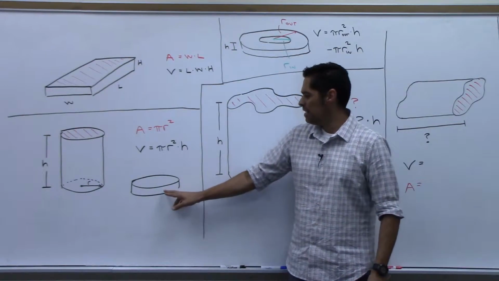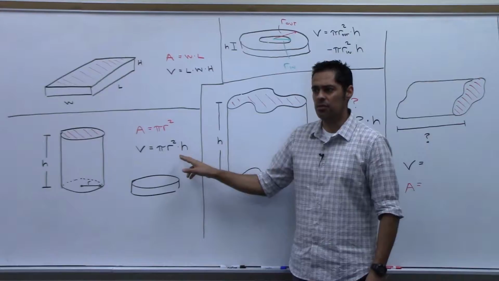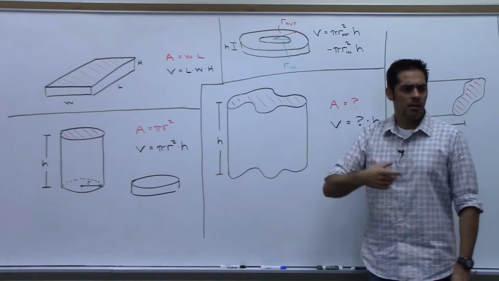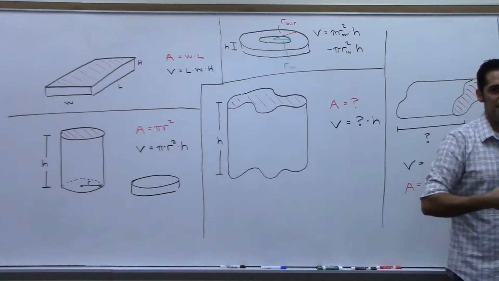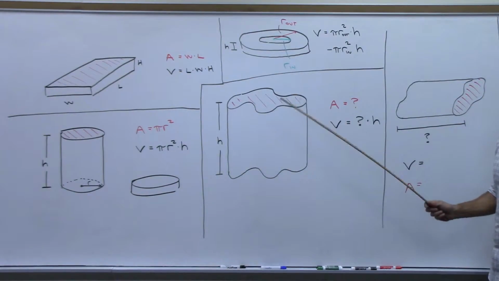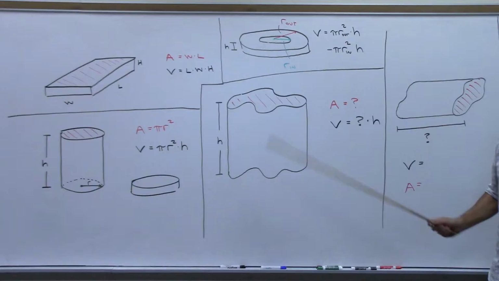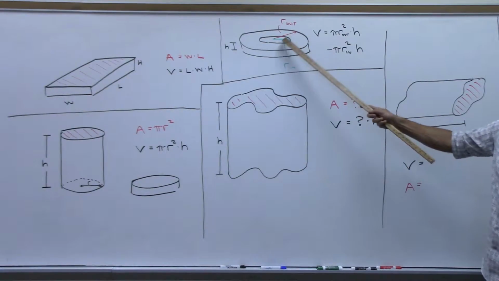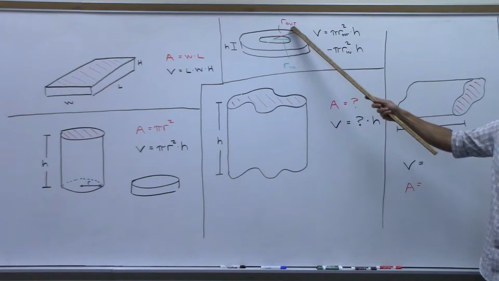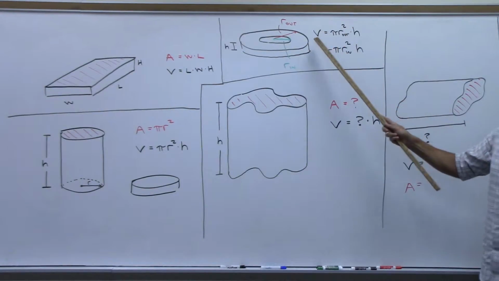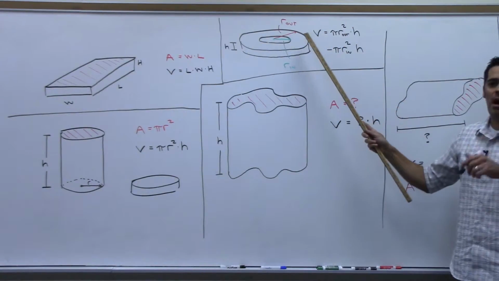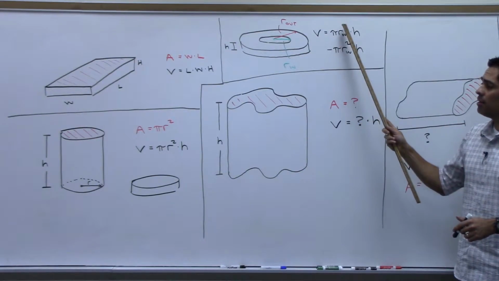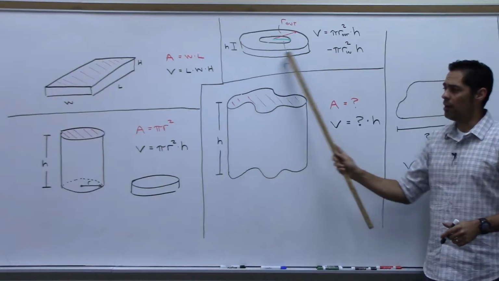The volume of a disk is still pi r squared times h. But what happens if we cut out an inside piece of this disk? So yeah, what we'll do is we look at it as like two disks, right? We have one big disk, which is going to be the one with the red radius, which I'm calling radius out, the outer radius. Whatever that outer radius is, pi times that radius squared times h would be the volume of the whole thing, right?